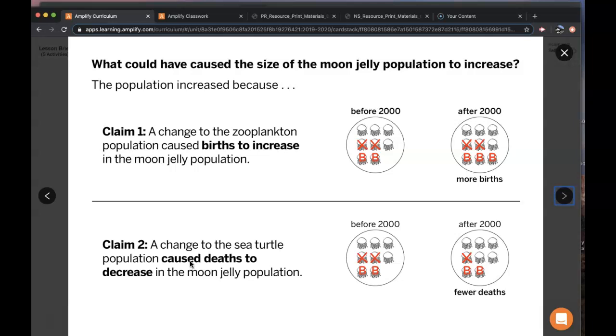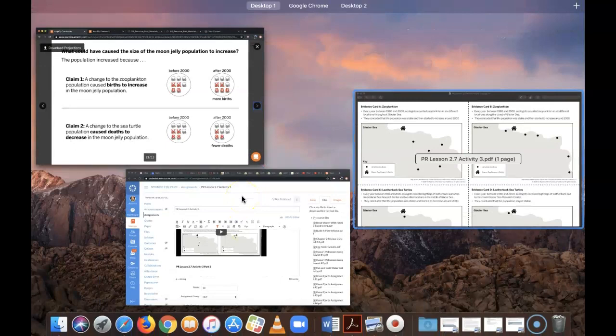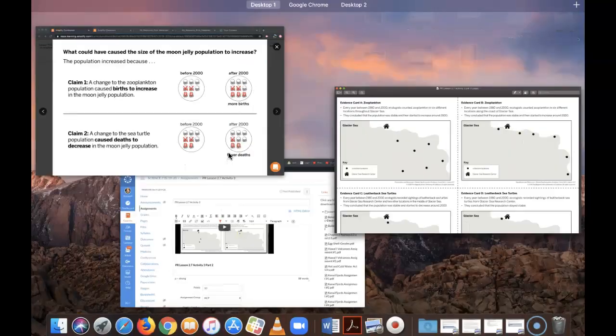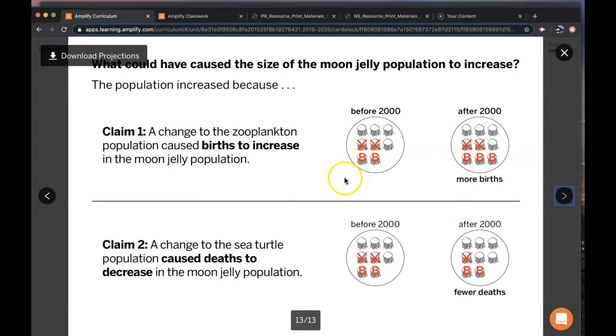So if we focus on claim 1, evidence card A supports claim 1, and it's saying that the zooplankton population increased. So if the zooplankton population increases, there are more energy storage molecules for the moon jellies to eat. And since there are more energy storage molecules, that means they're more likely to live longer and reproduce more.